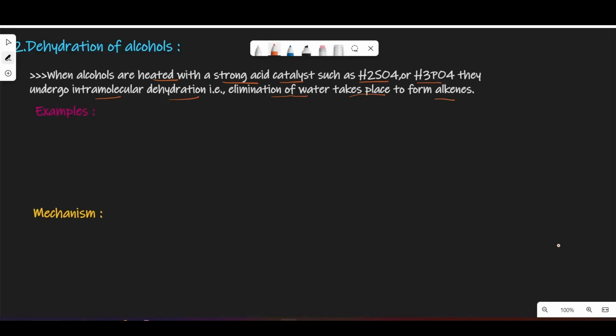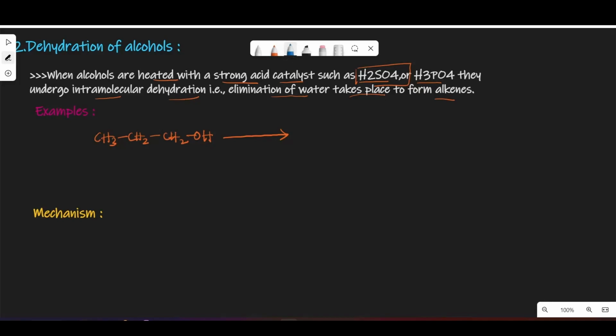Let's see this with one example, then we will get to know it very easily. Here we are taking propanol, CH3CH2CH2OH, in the presence of concentrated H2SO4, or you can take H3PO4 also.